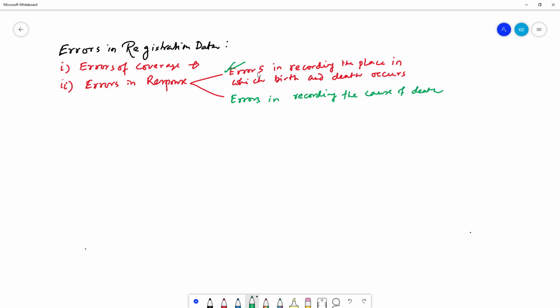And the third point, there may be a number of causes leading to the death of a person, of which one will be the principal cause. However, the principal cause may be wrongly recorded owing to the real difficulty in identifying the true principal cause.